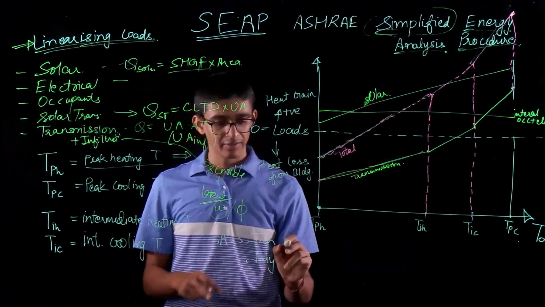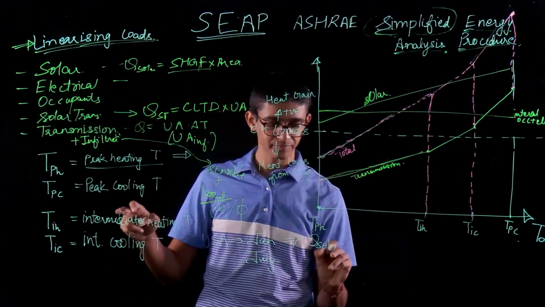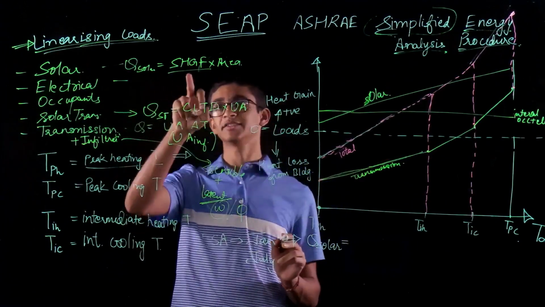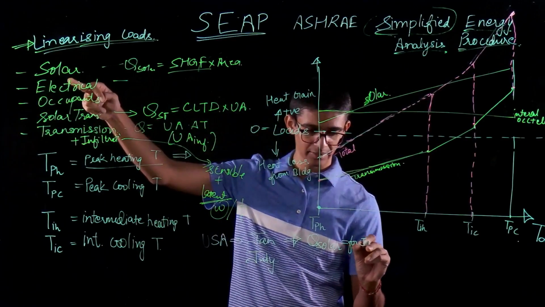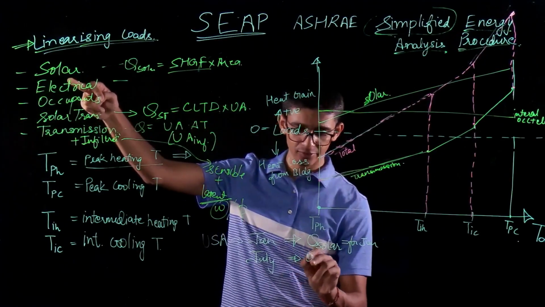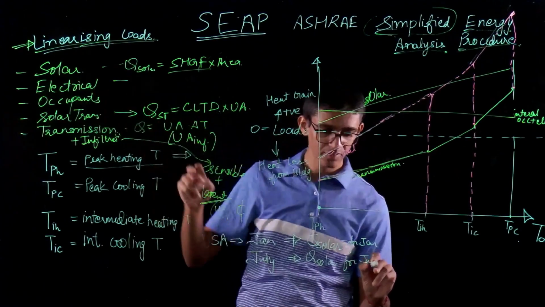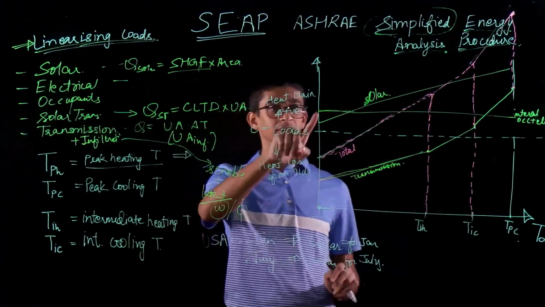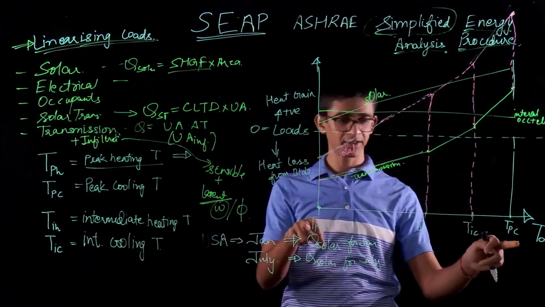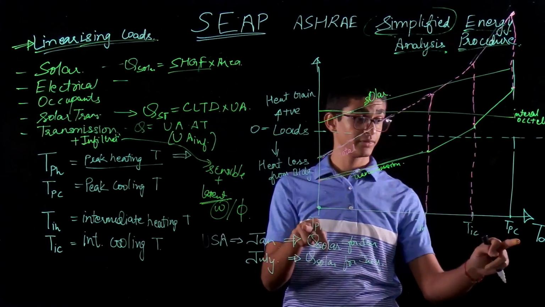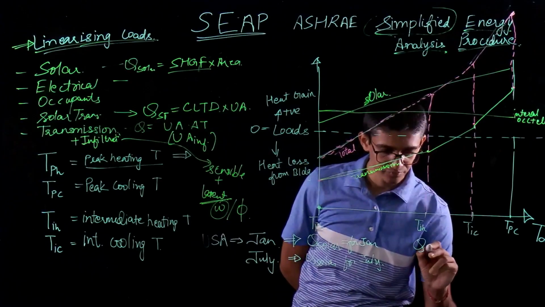We can calculate the value of my Q solar using all the factors, SHGF and area, Q solar value for January. Similarly, I'll calculate the value of Q solar for July. So we have two values of Q, and we have the two corresponding temperatures, the T peak heating and T peak cooling.